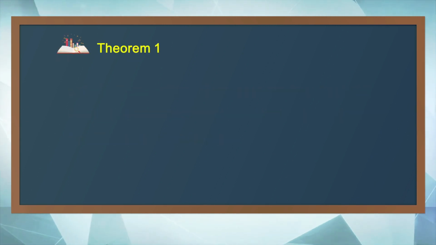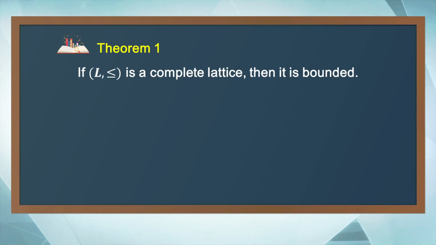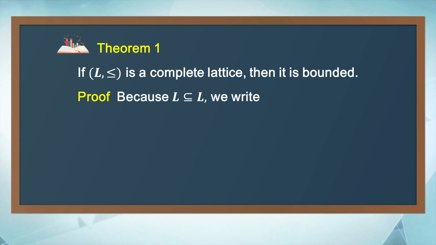First, theorem 1. Suppose this is a complete lattice, then it is bounded. Suppose it is a complete lattice. Because L is a subset of L, by the definition of completeness, both the supremum and the infimum of L exist.